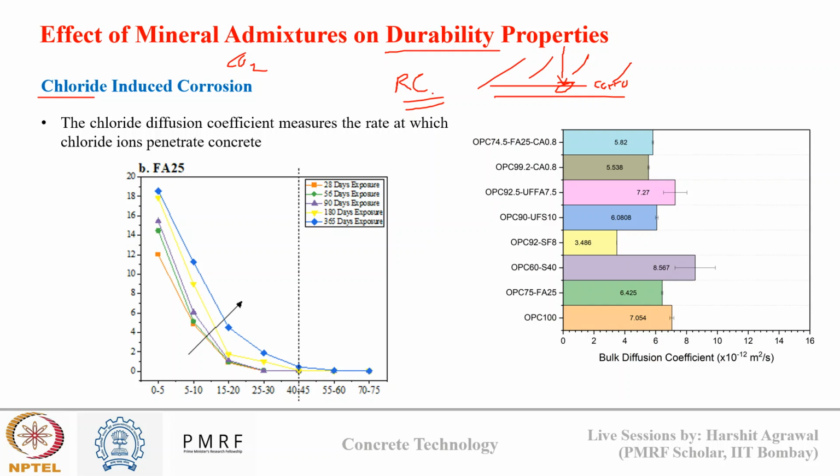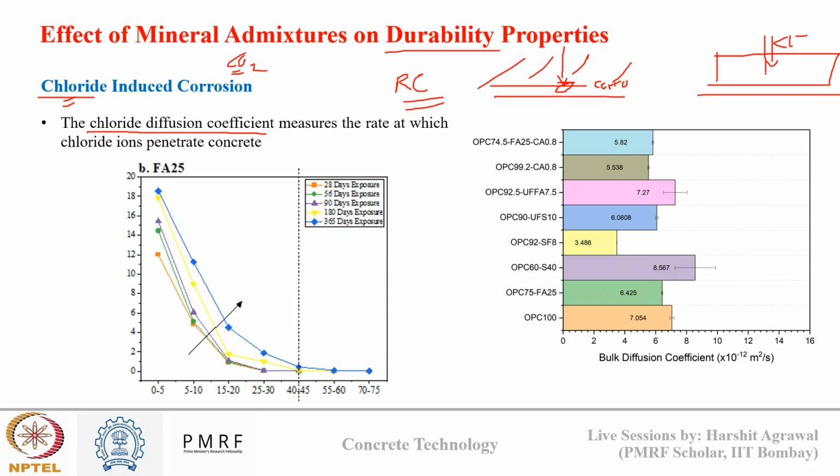So now we know there are two ions which are critical for us, chloride and CO2. The rate at which my chloride ions will move through concrete is what is represented as the chloride ion diffusion coefficient. The rate at which my chloride ions will move through this concrete cover will determine the durability of concrete.